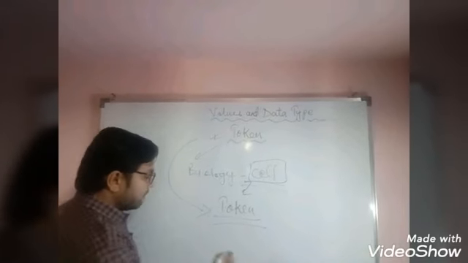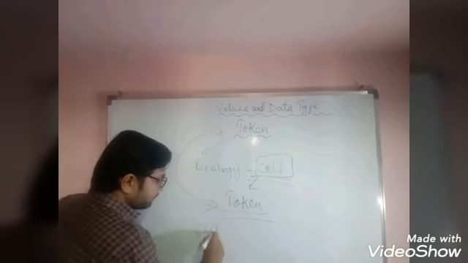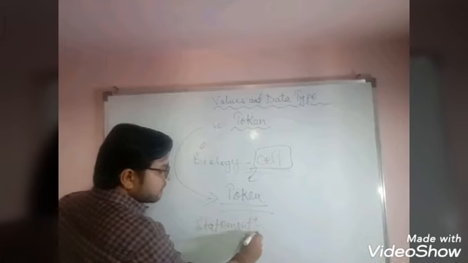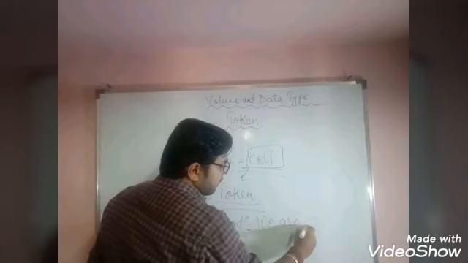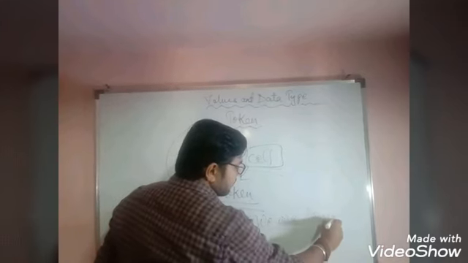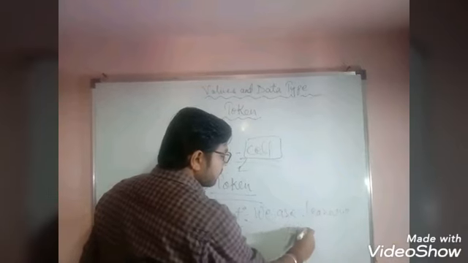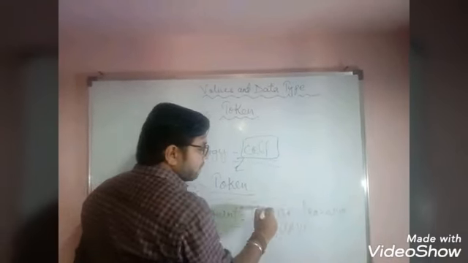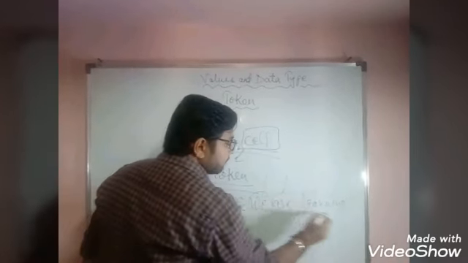For example, if I am writing one statement, what is a statement? For example: we are learning Java. The statement is made of these words: we, are, learning, Java. So these are called tokens.